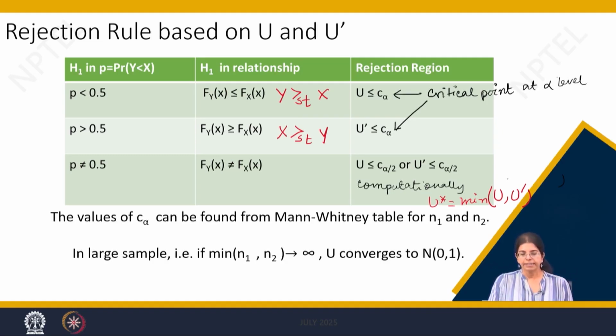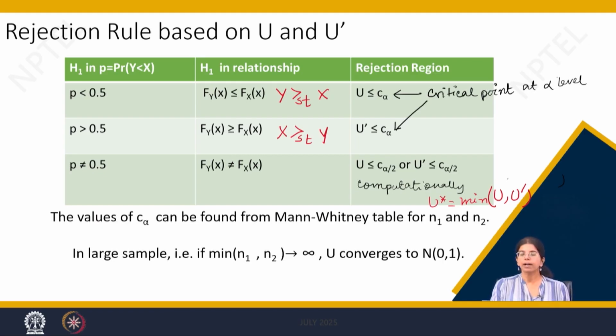Clear? Generally, the computational process is to find U star, which is the minimum of U and U prime, and check whether it is less than C alpha by 2. So stick to the minimum of U and U prime and figure out whether that is less than or equal to C alpha by 2.